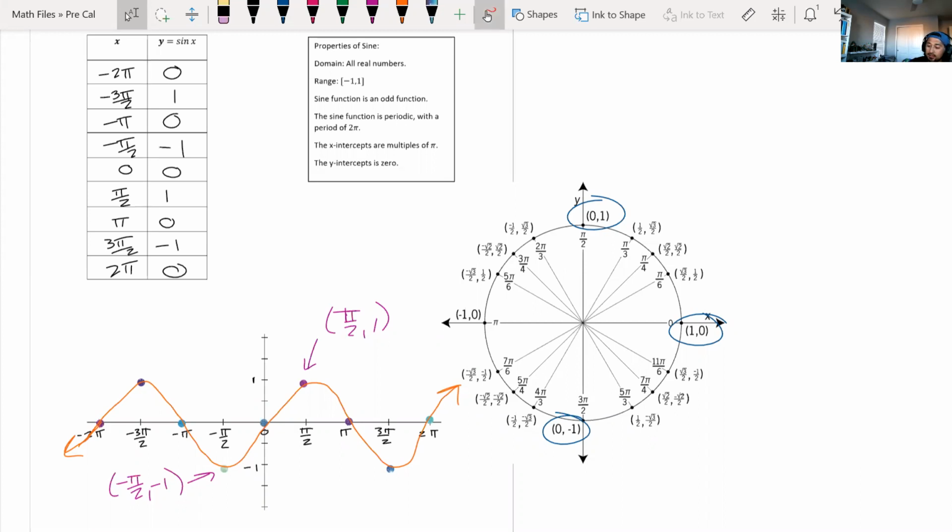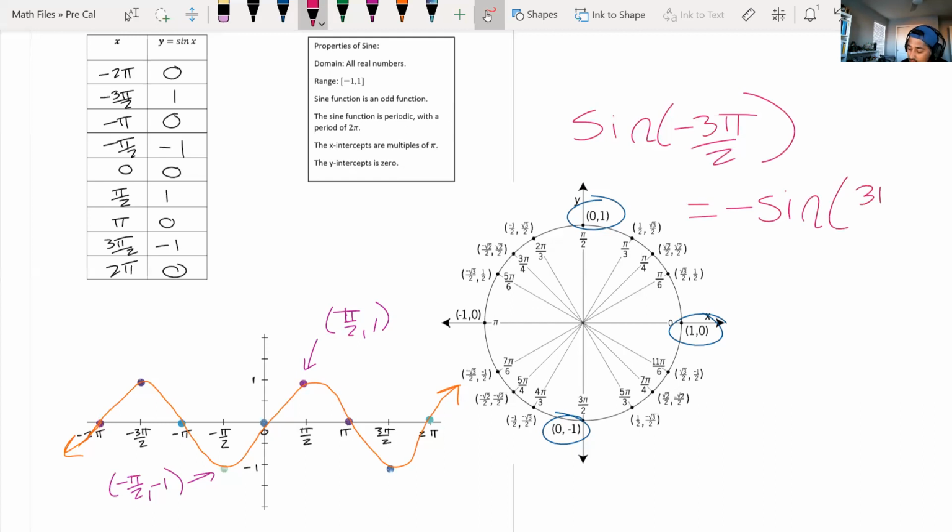And algebraically, that's why I wrote, when I said the sine of negative 3 pi over 2, since sine is odd, it's also the same as the negative sine of 3 pi over 2. And that's why we got +1 for that coordinate. Did I clarify it?